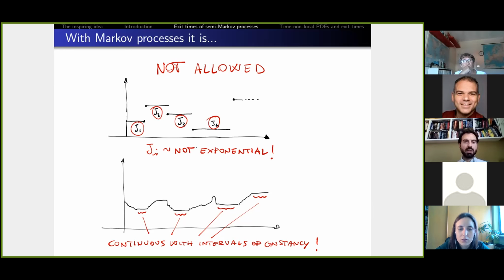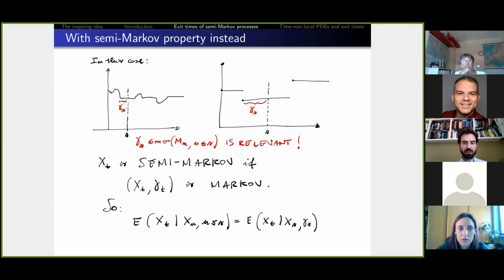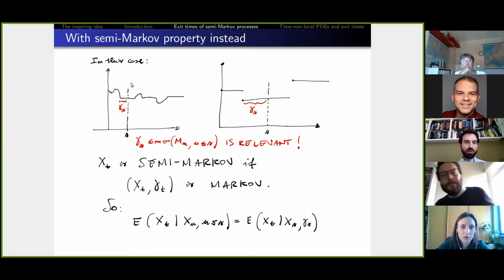So essentially, heuristically, the idea is that you can take the class of Markov processes and add these two features, and then you get the class of semi-Markov processes. But of course, when you introduce this possibility, imagine that you know all the paths of a process up to a certain time s. At this time, you know everything about the process, and you want to compute the probability of something in the future.